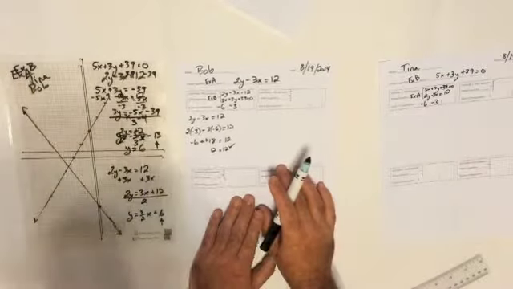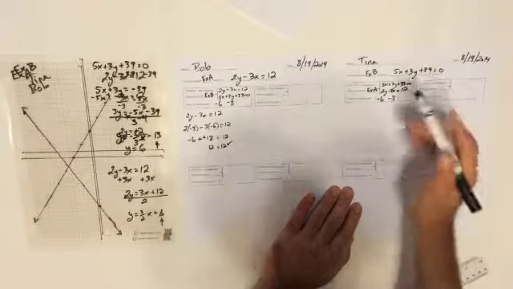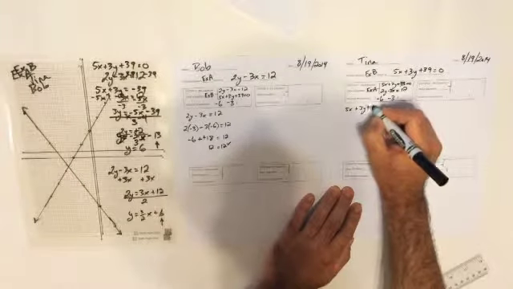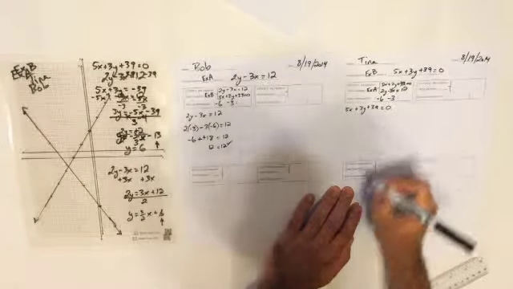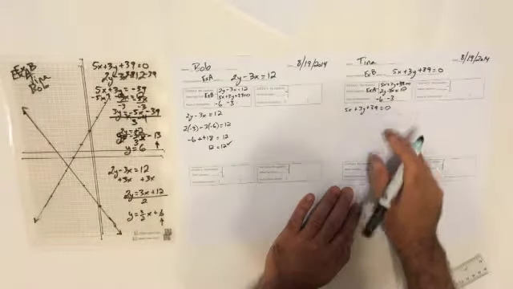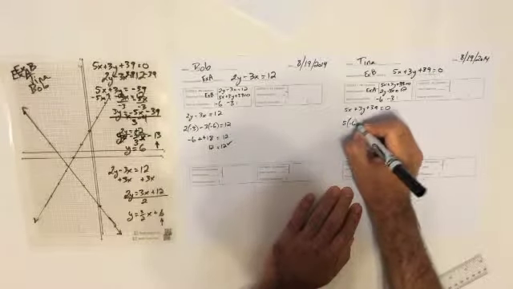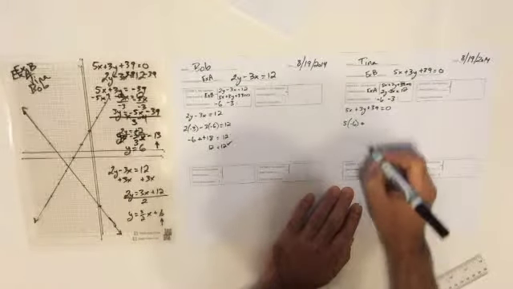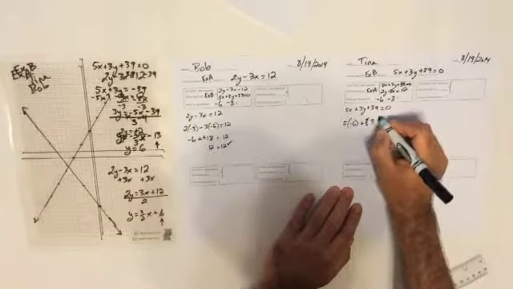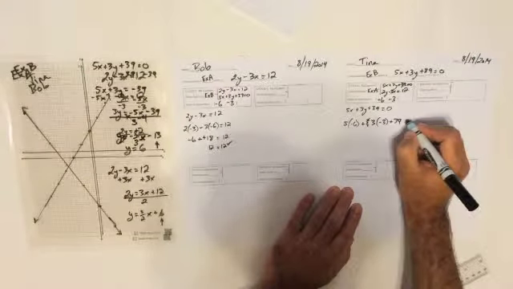Over on her paper, Tina's going to be doing the same thing. She's going to be checking to make sure this satisfies her equation. Her equation was 5x plus 3y plus 39 equals 0. And she wants to make sure that this is actually a point on her line. So she's going to plug these in. She's going to say 5 times -6 plus 3 times -3 plus 39 equals 0.